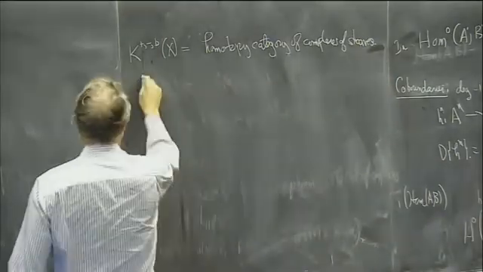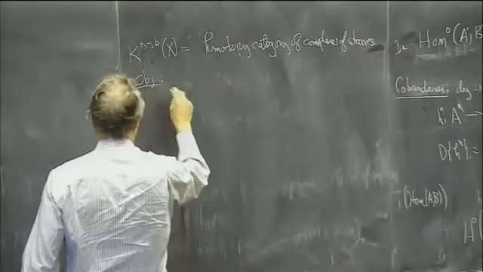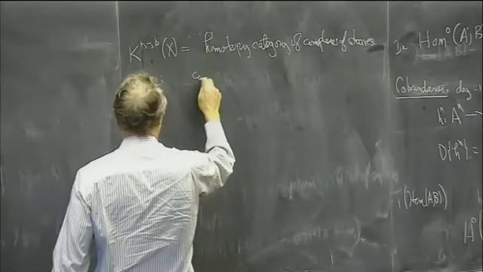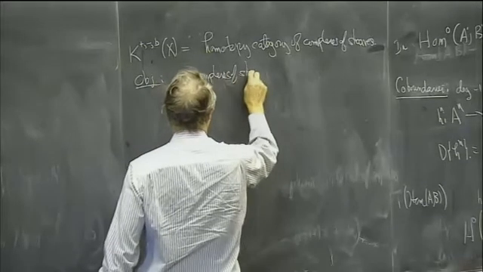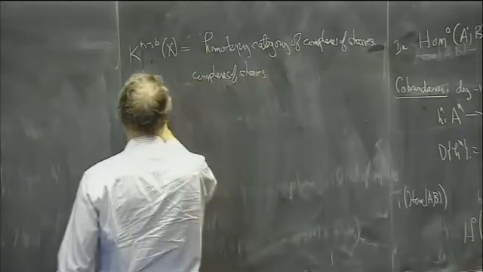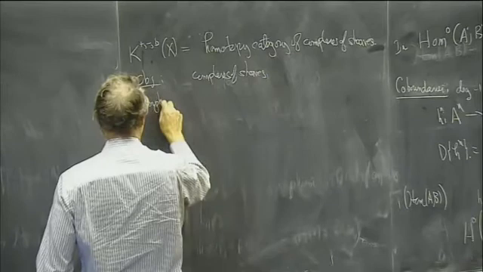So the objects are simply complexes of sheaves, same objects as before. And the morphisms now are the homotopy classes.